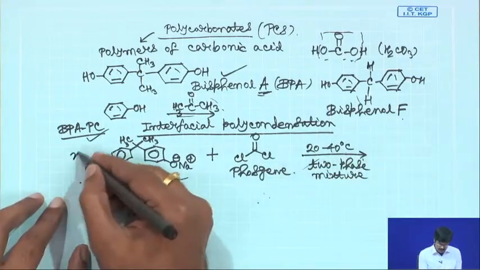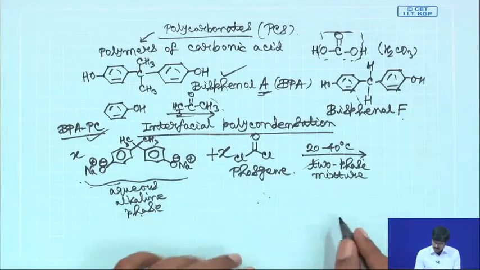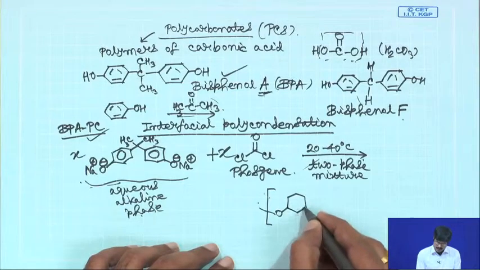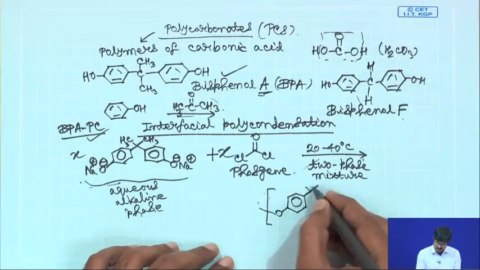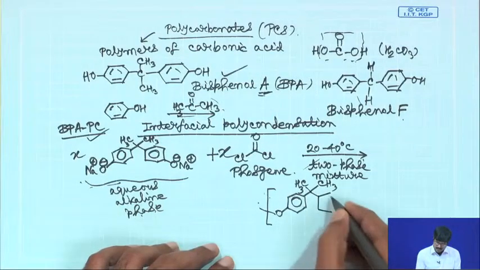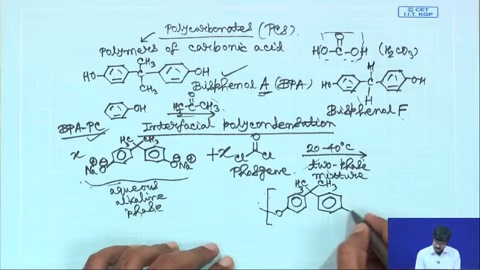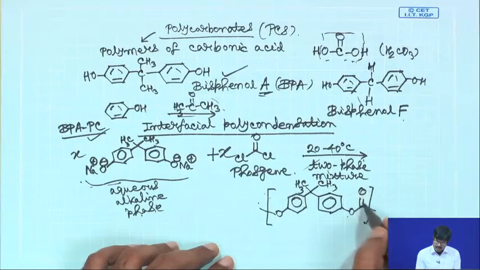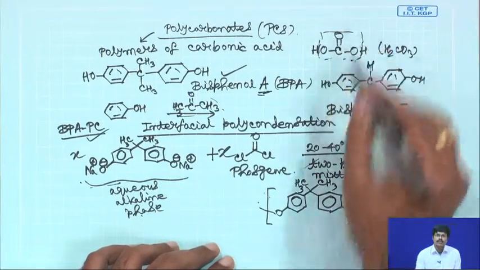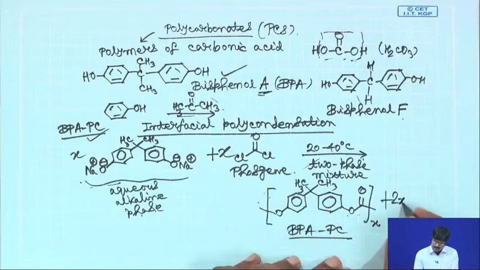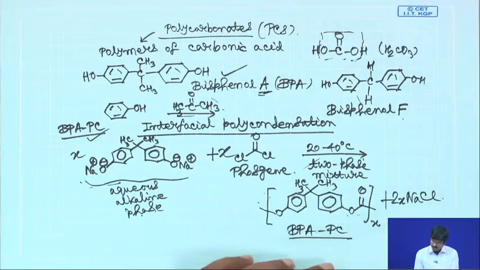So, schematically say x molecules of this and x molecules of this, and then the product will be your bisphenol A carbonate. So, you see O C double bond oxygen O, that is the linkage that you have, that is the carbonate. So, this is bisphenol A, BPA-PC polycarbonate, okay, and 2x molecules of sodium chloride will be produced.